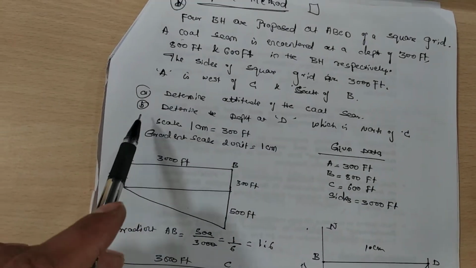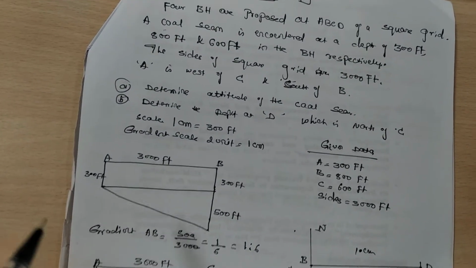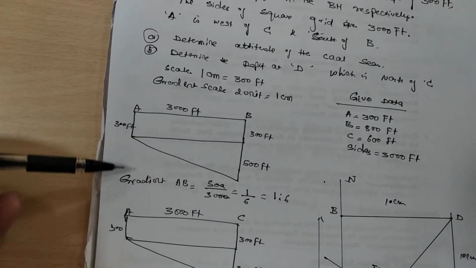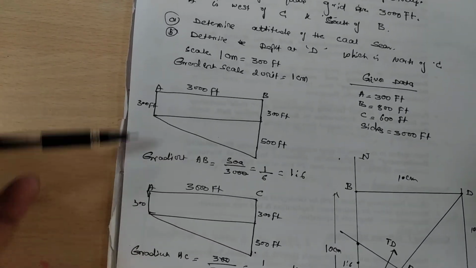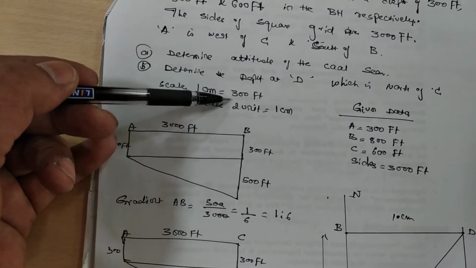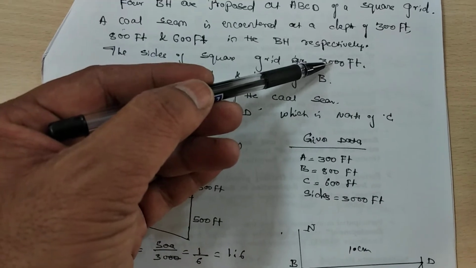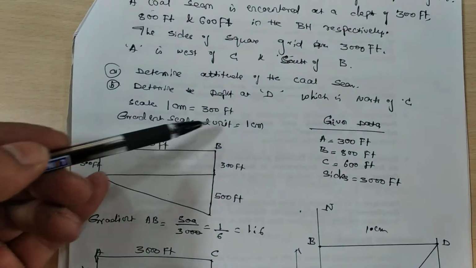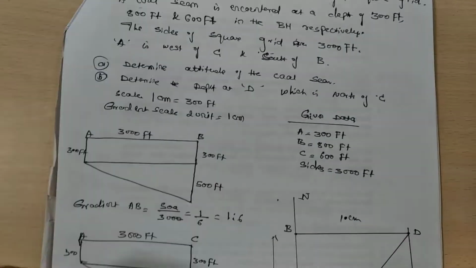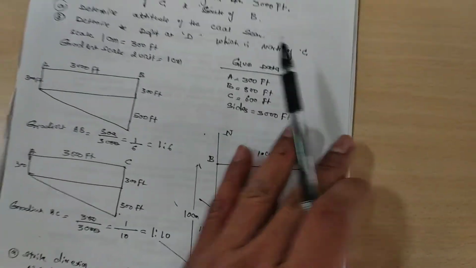As usual, we need to calculate the gradient of AB and AC, but here the scale will be 1 centimeter equal to 300 feet because they have given the sides of the grid as 3000 feet. So 1 centimeter equal to 300 feet means the sides of the grid will be 10 centimeters by 10 centimeters. So that's easy to calculate.